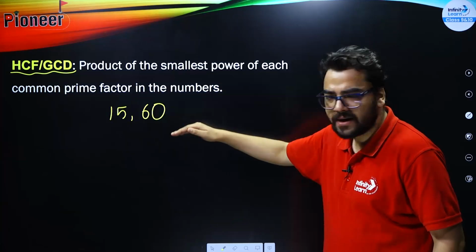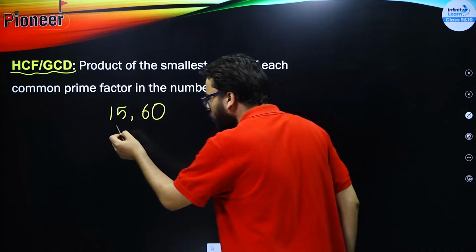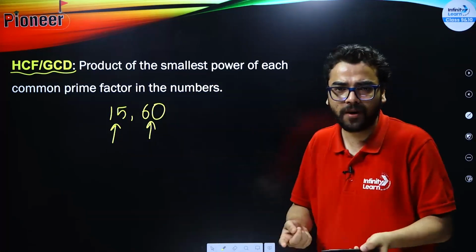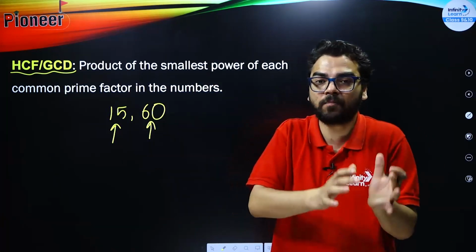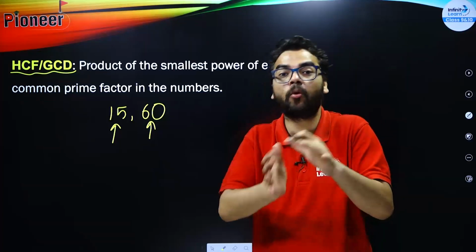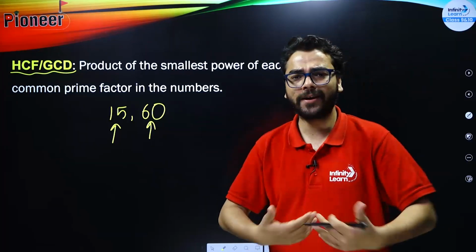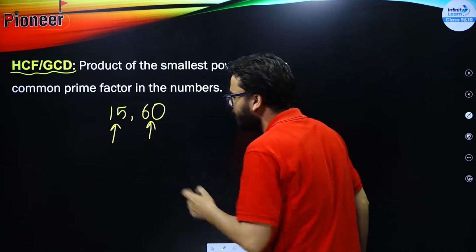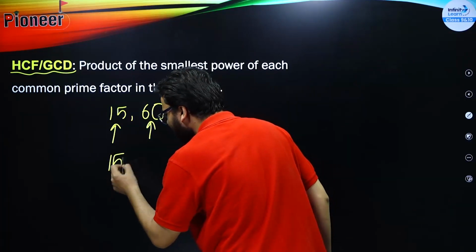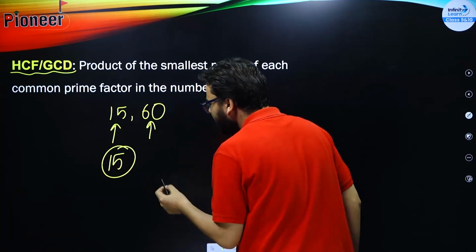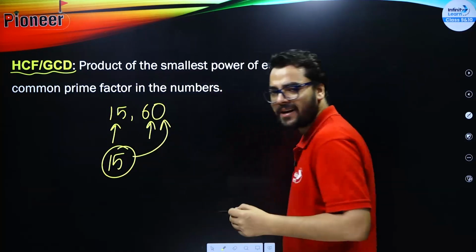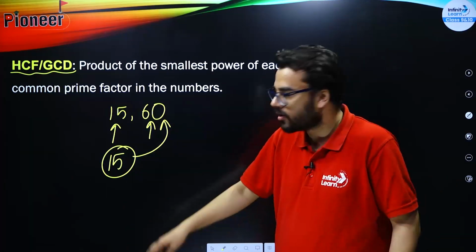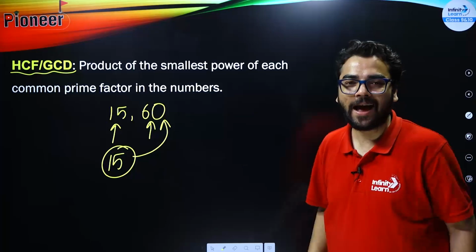You have to find a number which is a factor of both of them. The first thing is a number which is a factor of both of them, and it is the highest possible factor of both of them. So what can be the highest possible factor of both of them? That will be 15 only, because you see 15 is a factor of 15 and 15 is also a factor of 60, and that is the highest possible because you cannot take more than 15 now. You're already talking about 15 and 60 only. I hope that is clear.